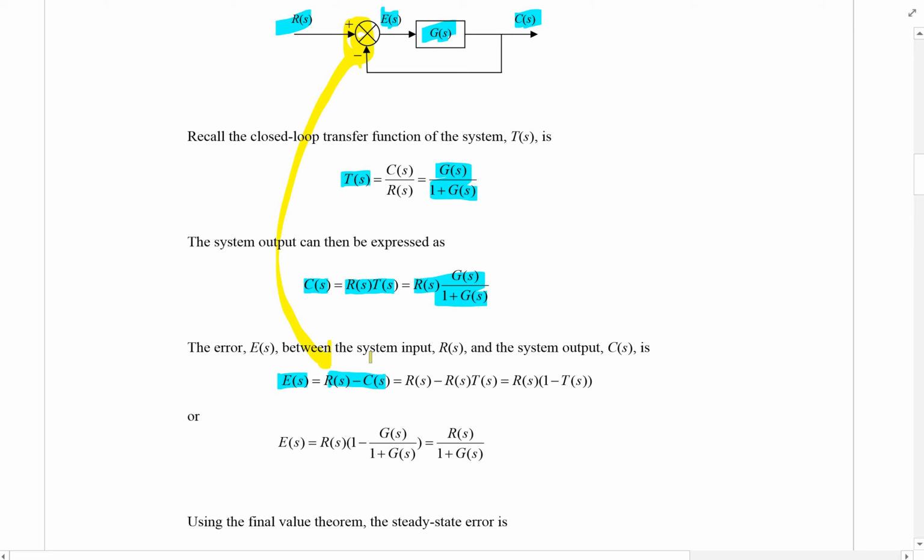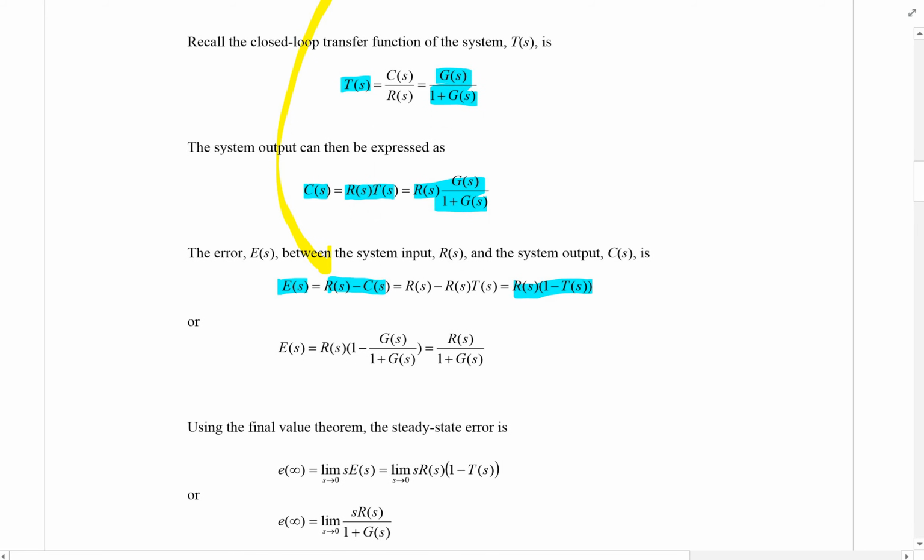And so we just write a little equation in there, and then we can expand those and expand our C into an R times T, and then ultimately we end up with this equation, which we then can rewrite, describing our error in terms of our input divided by 1 plus G(s).